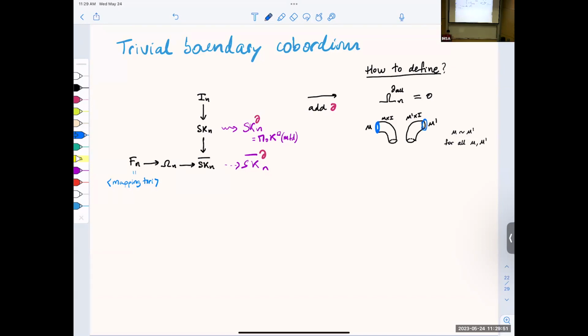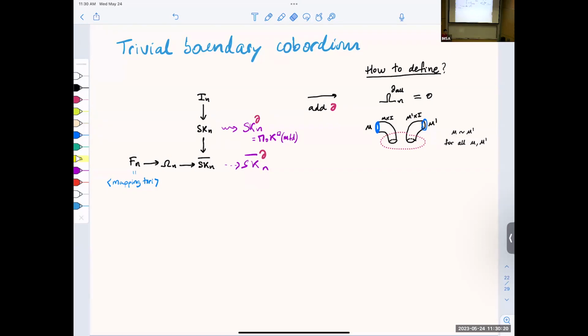Well, you could just take M cross I, and M prime cross I; the boundaries are allowed, and so that means that there's no restriction. You could have any manifold M and any manifold M prime, and you could just construct a cobordism between them. So that means that everything is going to be the zero class. So that's a problem, and we needed a way to come around that problem.